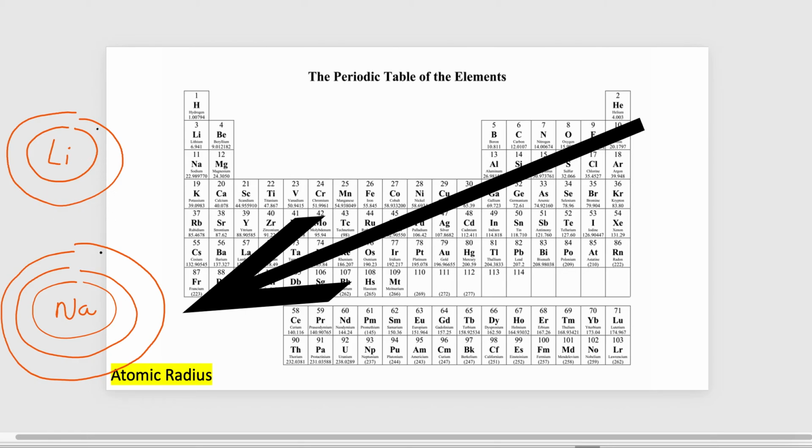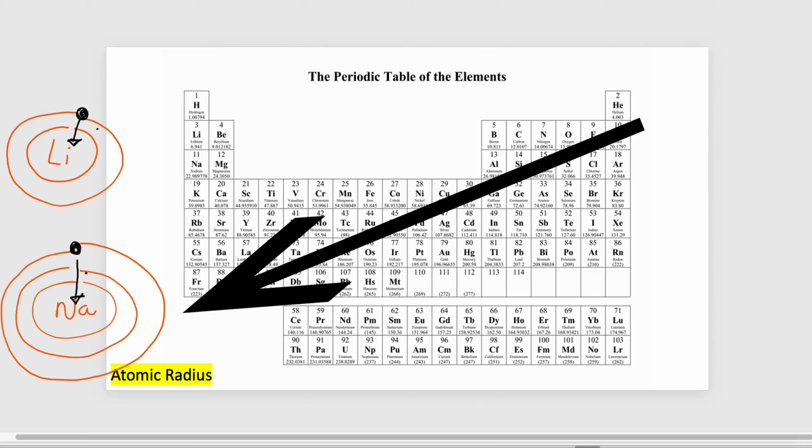Well, your answer should be sodium, because sodium has an electron occupying a space in this third energy level. This electron is going to be less attracted to the positive side of the sodium nucleus, rather than the lithium electron found on the second energy level, which is going to be more attracted towards the nucleus of the lithium, because it is more proximate to the nucleus.